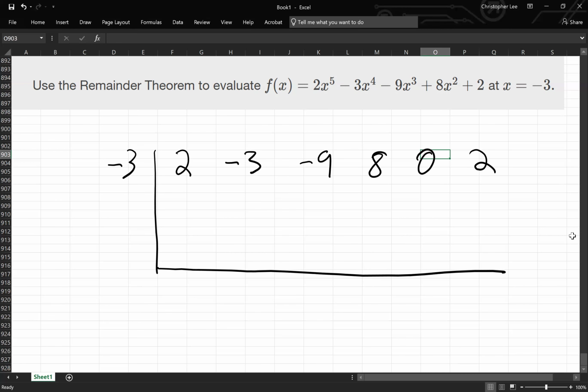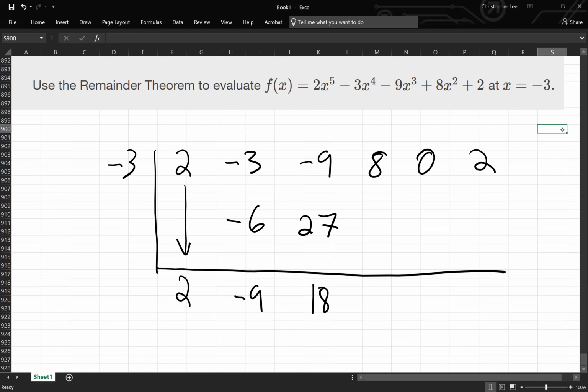Perfect. First things first, bring down that 2. Now -3 times 2 is -6. Now -3 plus -6 is -9. Now -3 times -9 is 27. Now -9 plus 27 is 18.